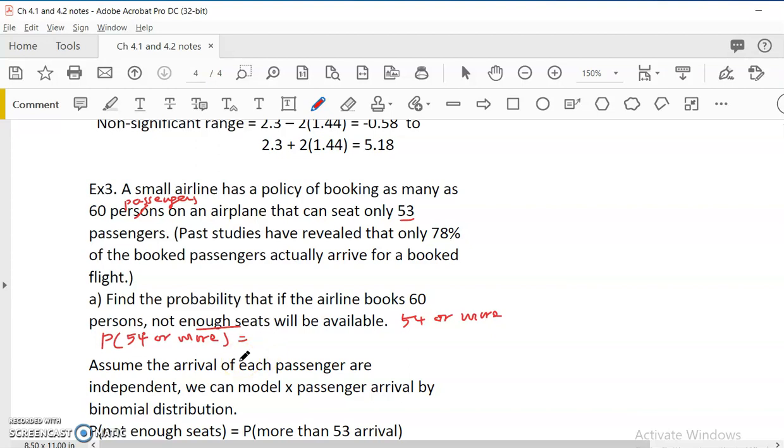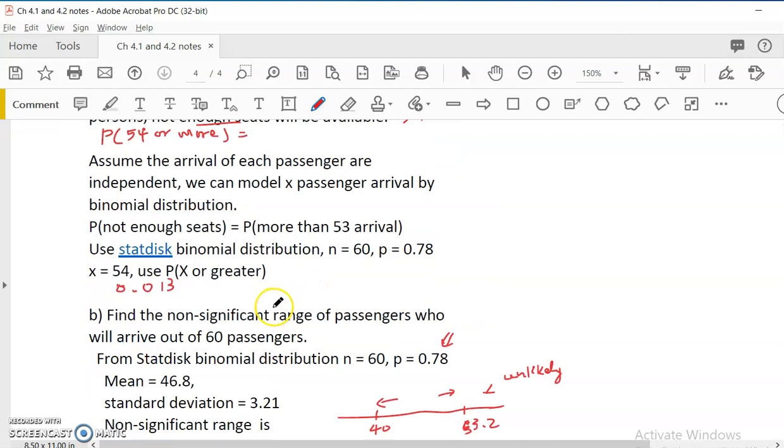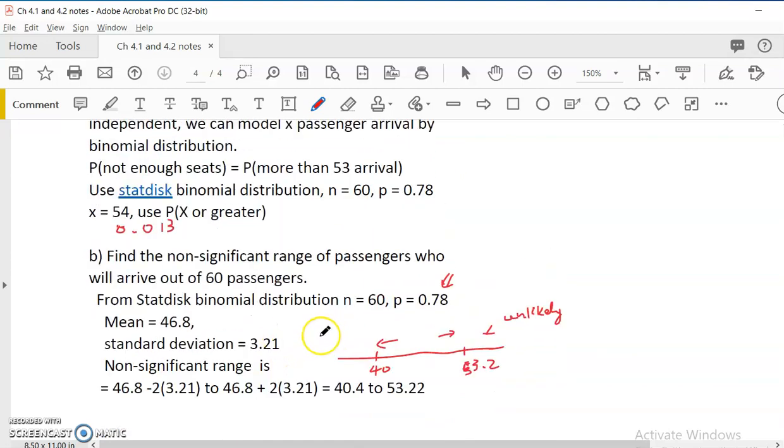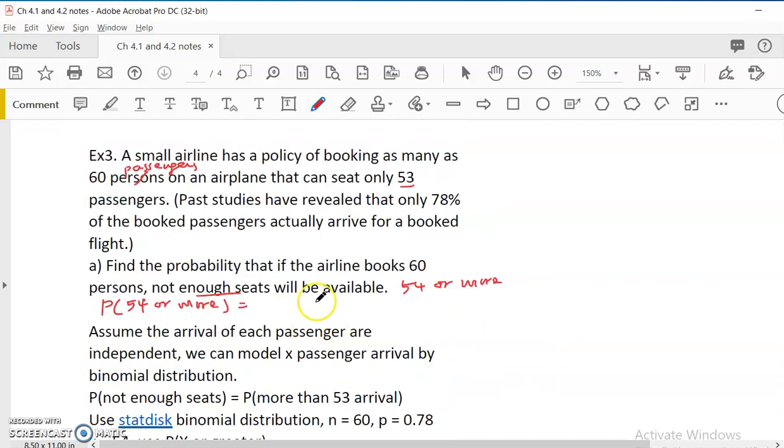So you can plan ahead on how many vegetarian meals to prepare. You don't want to prepare too much, and you don't want to prepare too little. So you can use the range, or you can say, if I have only that much, what is the chance that I will run out? So there are a lot of applications in real life.